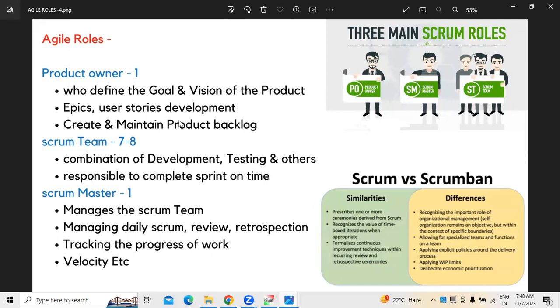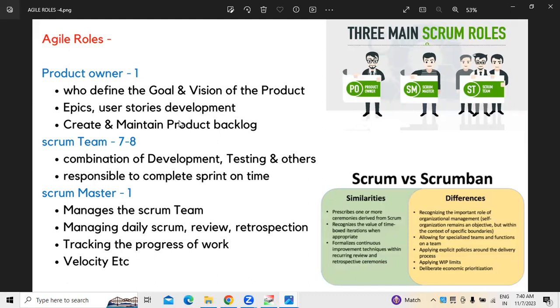So the first role is called product owner. The product owner is a person who defines the goal and vision of the product, right? So the product owner's ultimate goal is to define the goal and vision of the product. And whatever goal and vision they have defined, they have to visualize it.